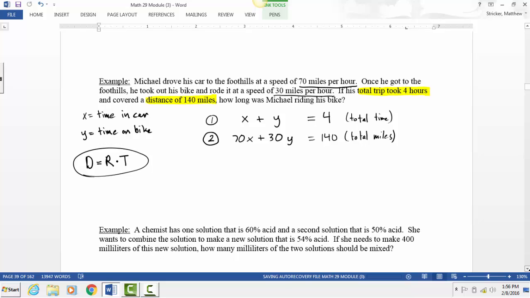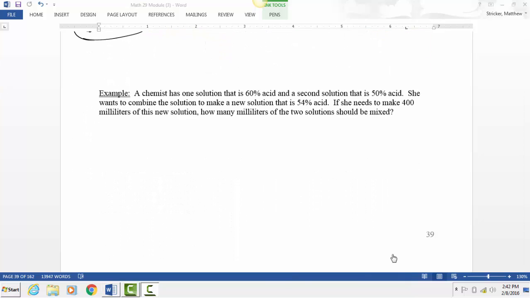We have one more example here. So the last problem is a mixture problem. It says a chemist has one solution that is 60% acid and a second solution that is 50% acid. She wants to combine the solutions to make a new solution that is 54% acid. If she needs to make 400 milliliters of this new solution, how many milliliters of the two solutions should she mix?